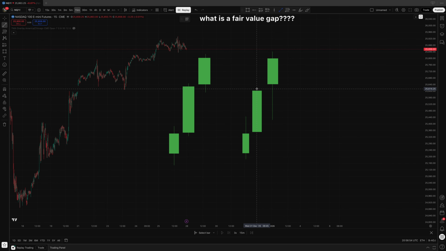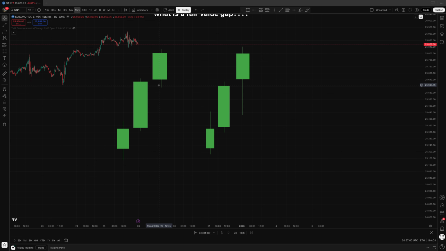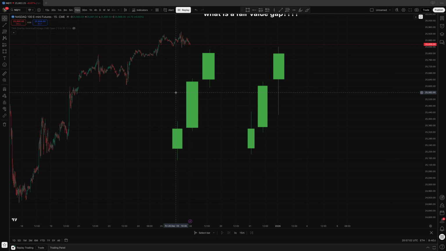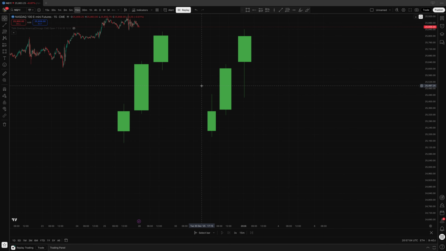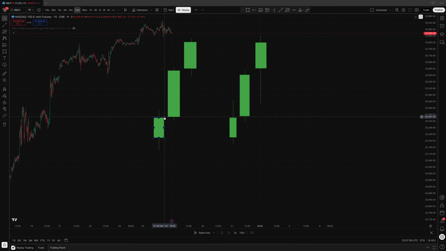Notice the difference here. The difference is the wicks. These are the wicks, obviously. The reason this candlestick is so big is that the majority of it is the body, and then you have the wicks.